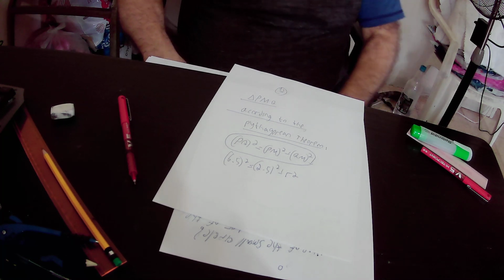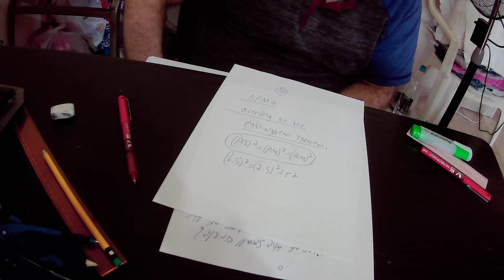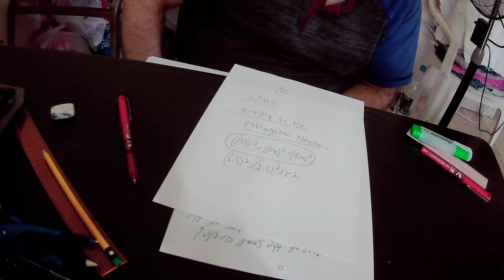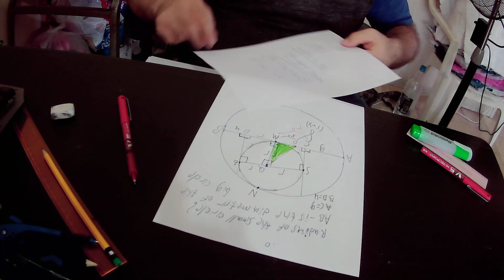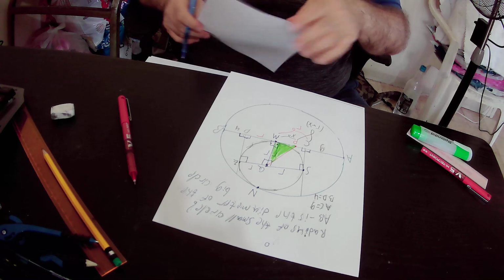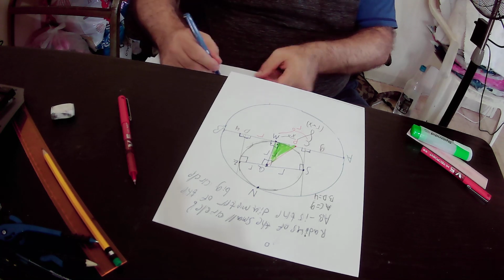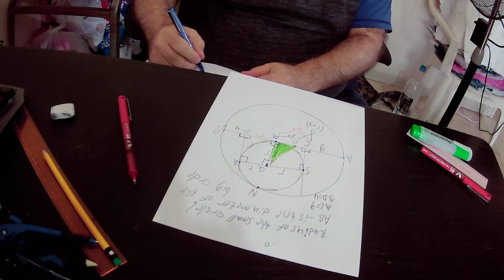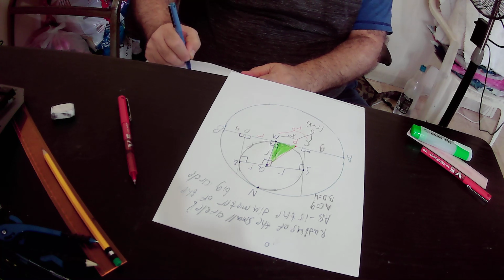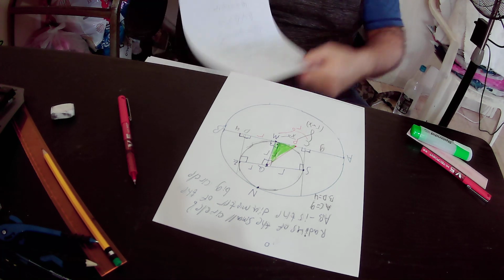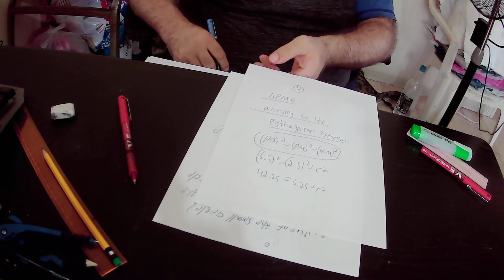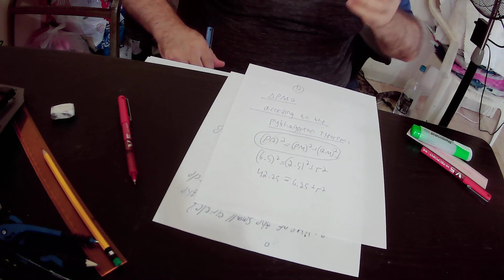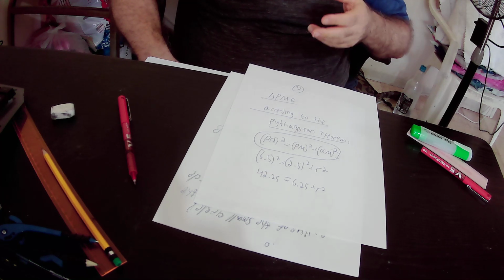6.5 square is 42.25 and 2.5 square is 6.25. So I write it down. So we got that 42.25 equals 6.25 plus r squared.